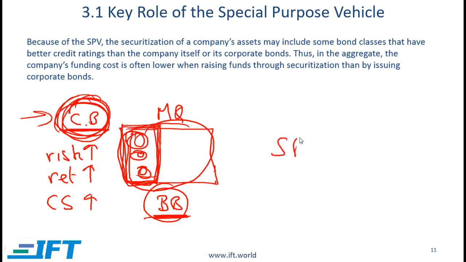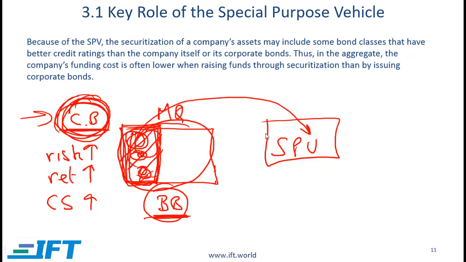Now, let's go to the SPV scenario. With the SPV, the collateral, which is the receivables, are sold to the SPV. The SPV is a separate legal entity.